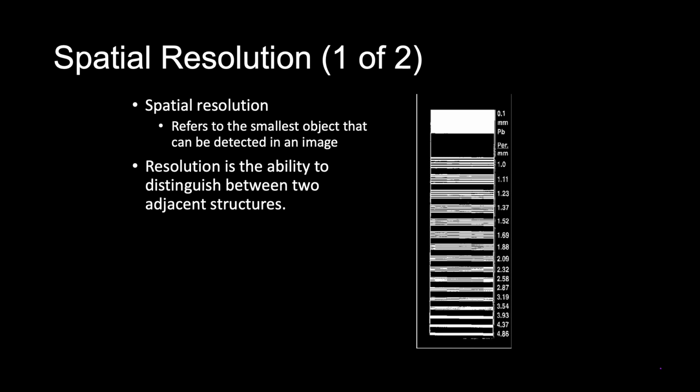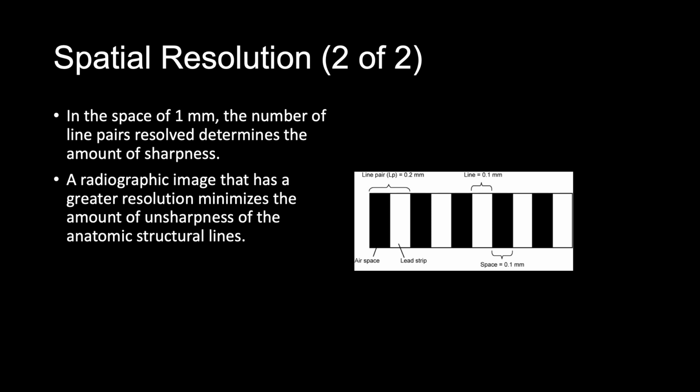So you can see the line pairs measurement here in this image. It's the resolution test pattern, and it measures and records line pairs per millimeter. Resolution is the ability of the imaging system to resolve or distinguish between two adjacent structures, meaning they're right next to each other.